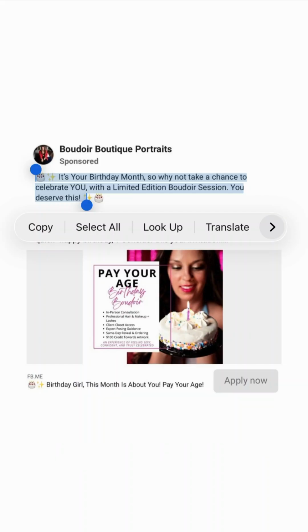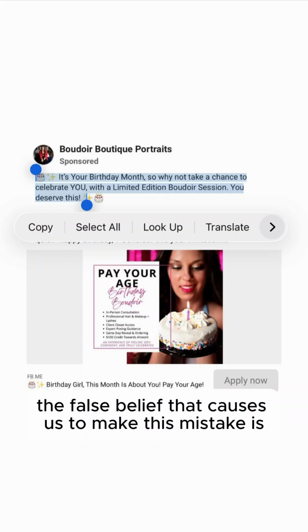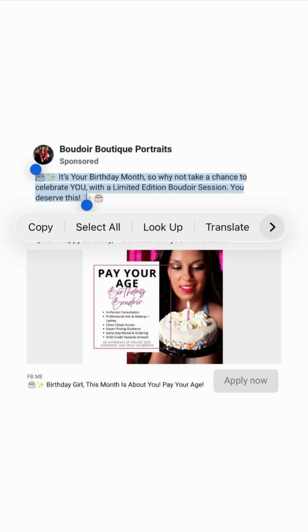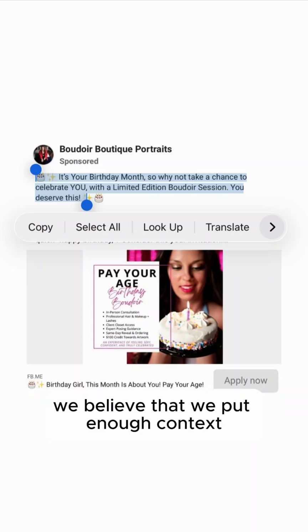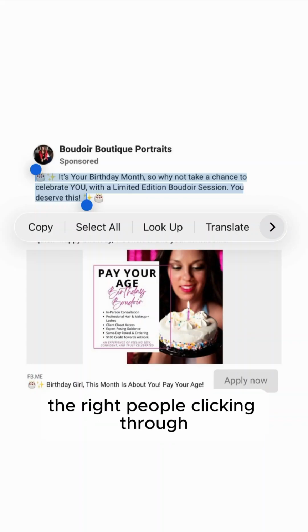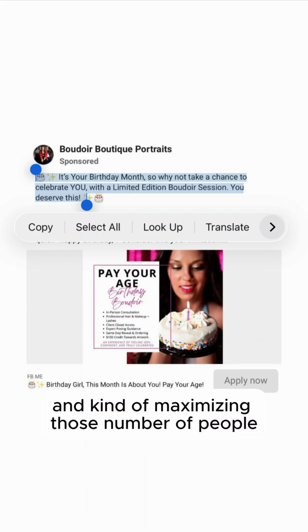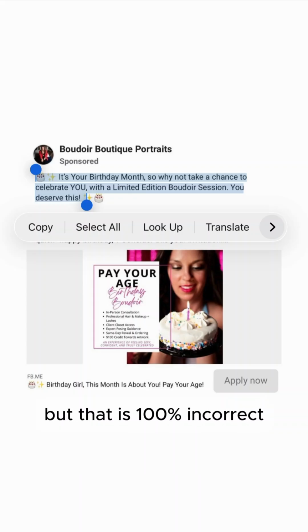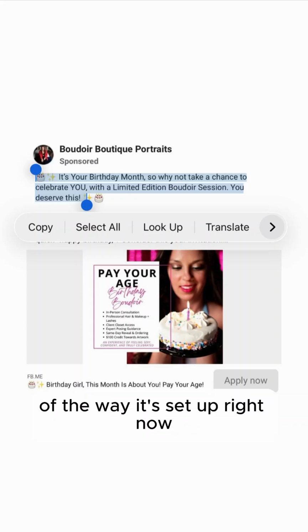The false belief that caused us to make this mistake is we believe that we put enough context to actually get the right people clicking through and maximizing those number of people. But that is 100% incorrect with the way it's set up right now.